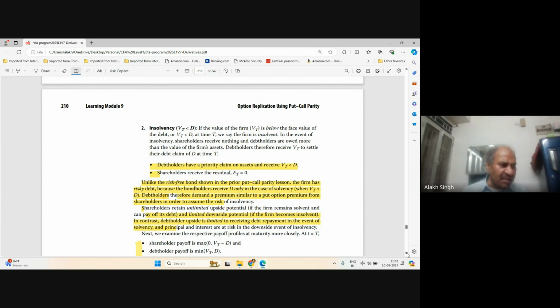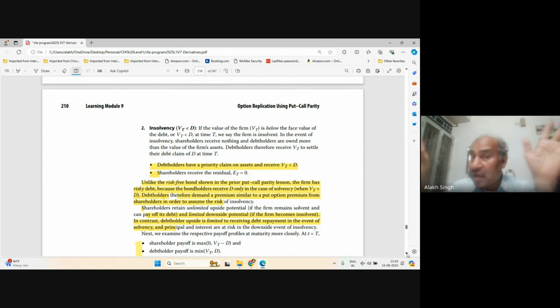Can they sell a call? The answer is no, because their exercise value X is fixed. They cannot get more than the total debt. Whatever they have lent, they can get only the risk-free rate or whatever interest rate. So today's loan times 1 plus interest to the power t. That is the maximum they can get.